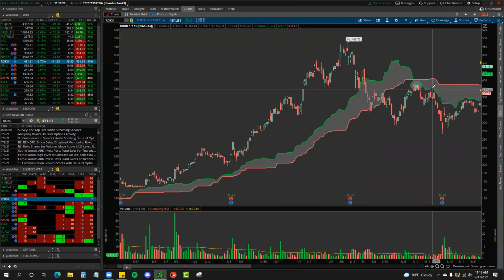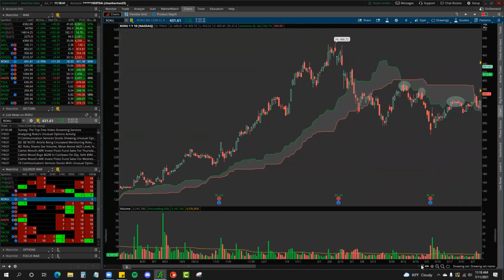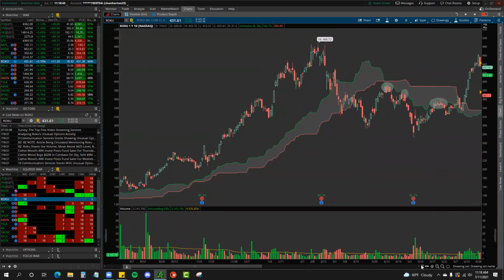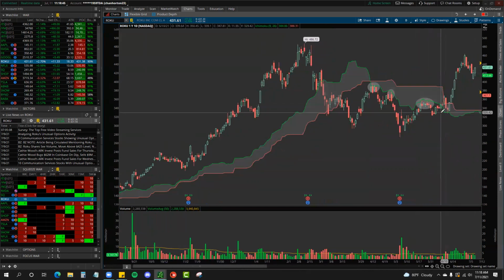Creeps right back up near it, gets rejected right at it. We knew this level would be here. And then boom, gets rejected and flushes even more. Works its way up, gets rejected, can't break through until finally, one day, ROKU breaks through and goes on a monster run.